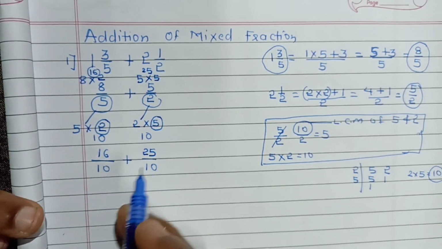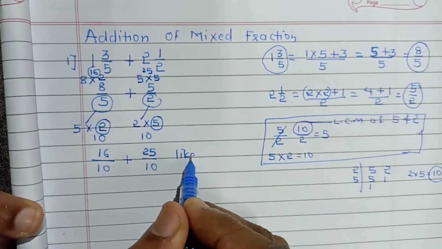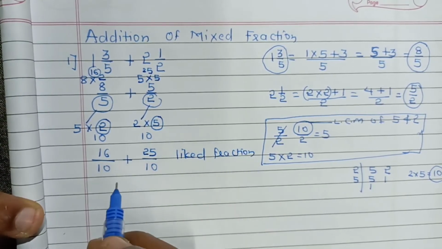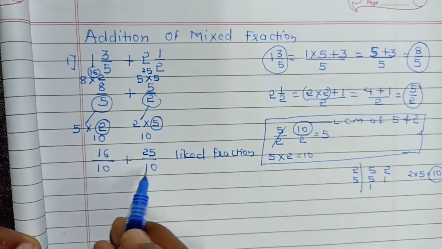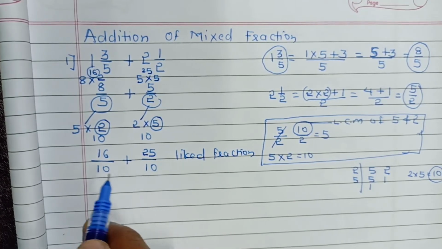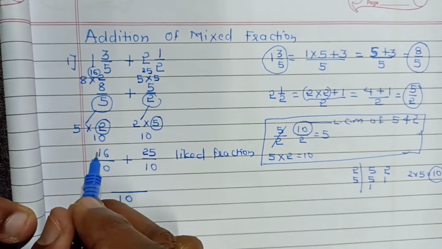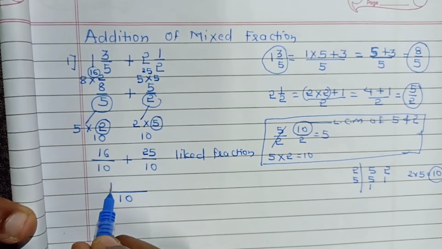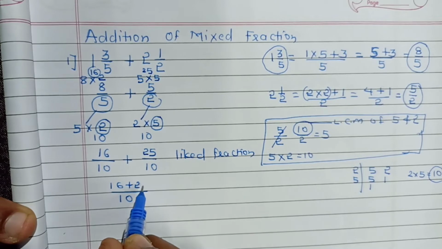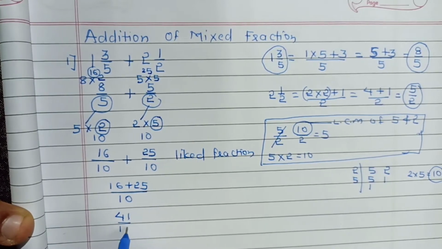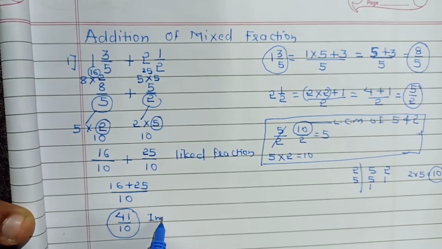Now these are like fractions. Why are these like fractions? Because the denominators are the same. Now you can do the addition of this. 10 you have to write as it is, and this 16 plus 25 you have to add. So 16 plus 25 is how much? 41 divided by 10.